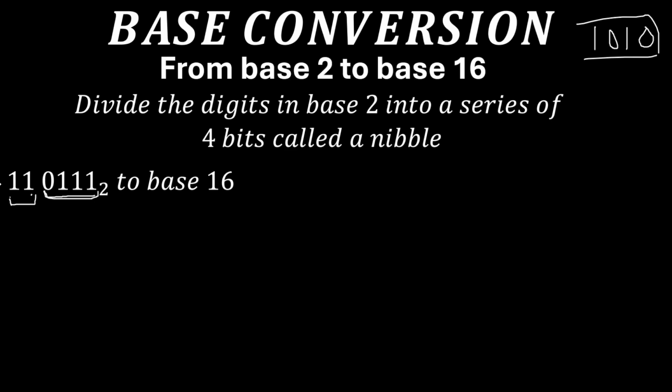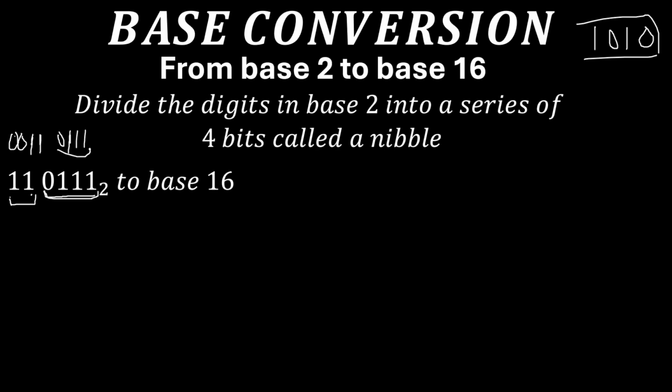You know that leading 0 does not count. So the first group is 0 0 1 1, after we cut it from the back. Then the next one will be 0 1 1 1. That is the second group of 4 bits.